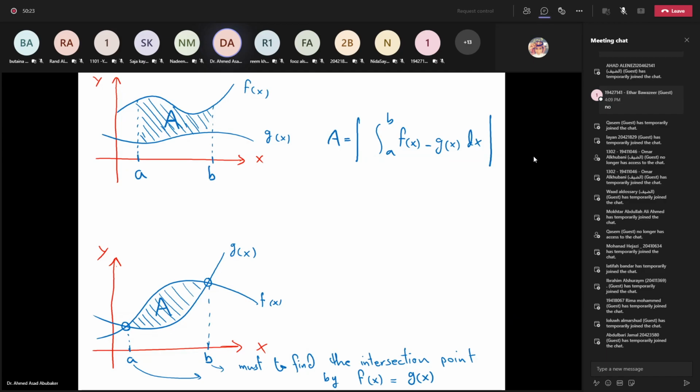We already studied this one and asked you in quiz number 1 to find the intersection point between two curves.